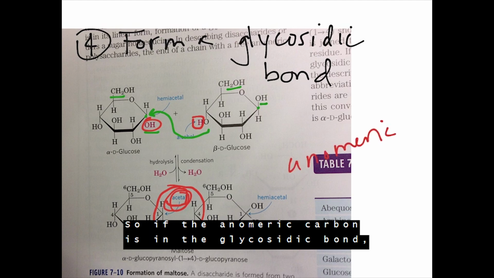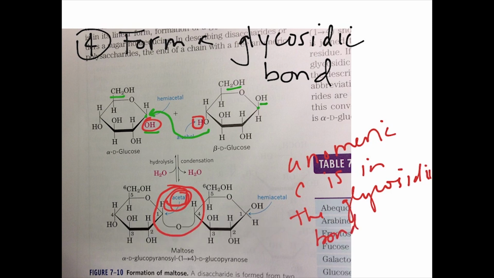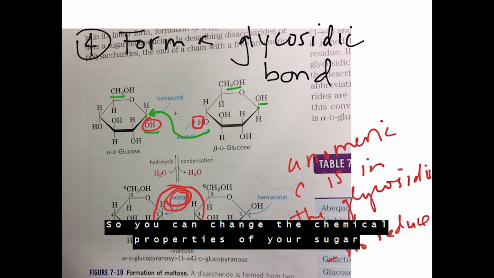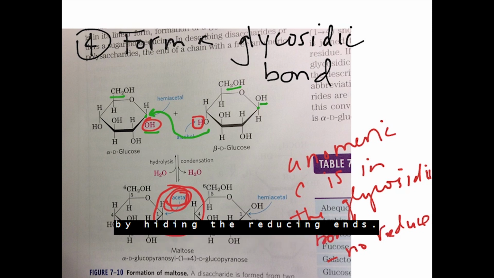So if the anomeric carbon is in the glycosidic bond, then it does not reduce molecules anymore. So you can change the chemical properties of your sugar by hiding the reducing ends.